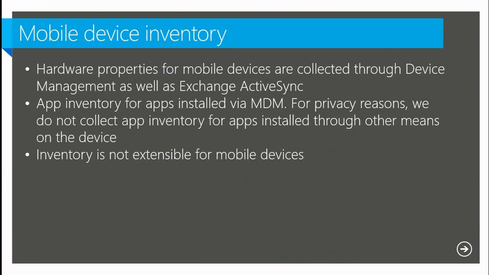But for the most part, it's the typical same set of hardware properties that you would expect to find from any of these mobile devices: information about the firmware, the size of the screen, et cetera. So you're able to make intelligent decisions about delivering apps, about what types of apps to build, based on the actual diversity of clients that your users have.